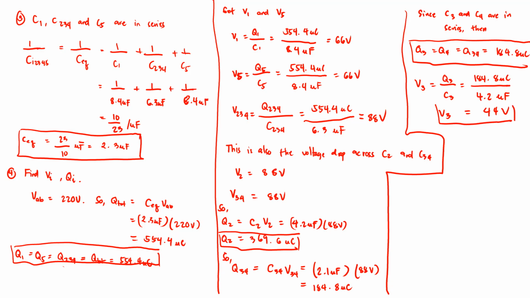And then V4 is equal to Q4 over C4. Your Q4 is also 184.8 microcoulomb, and your C4 is equal to 4.2 microfarad. Therefore, your V4 is equal to 44 volts also. Now we have obtained all the charge in each capacitor and all the potential difference across each capacitor.